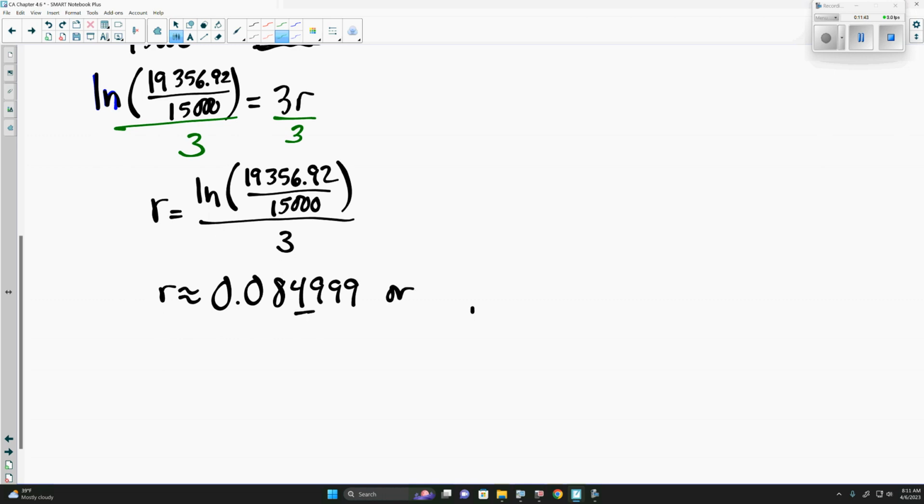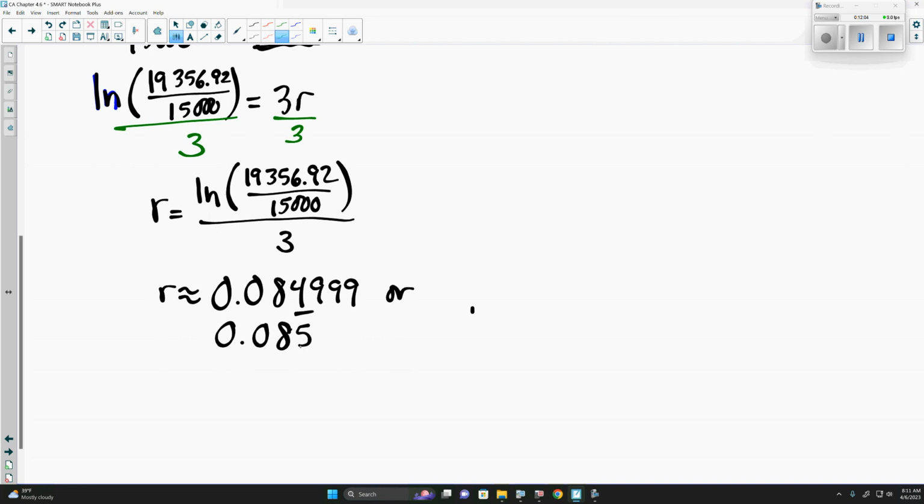Normally, and especially if you're actually looking at actual interest rates, they really don't go past the 100th place. So what we could say this actually is, is 0.085.